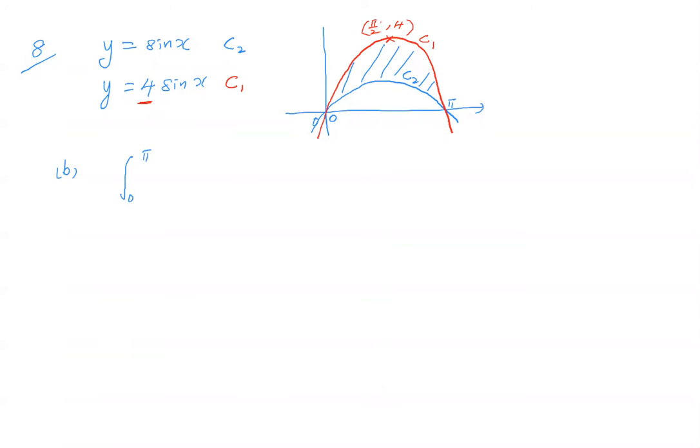Okay, which one put on top? C1. C1, okay. That is 4 sin x take away sin x dx.